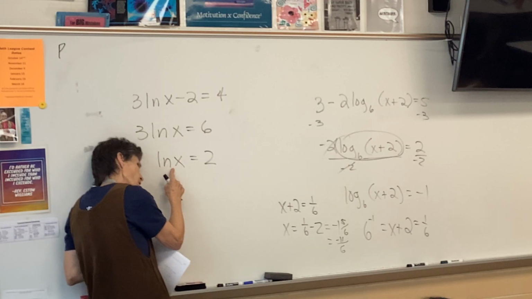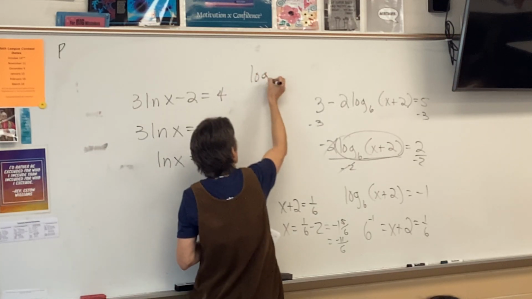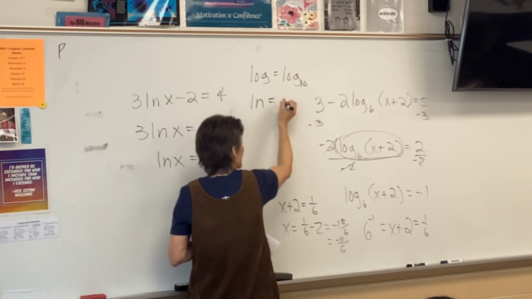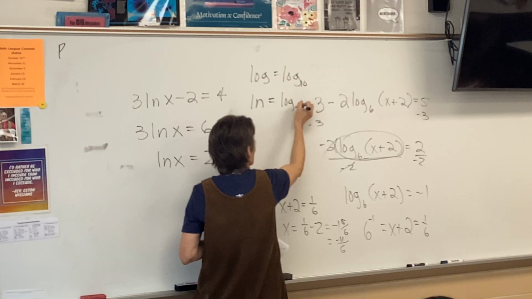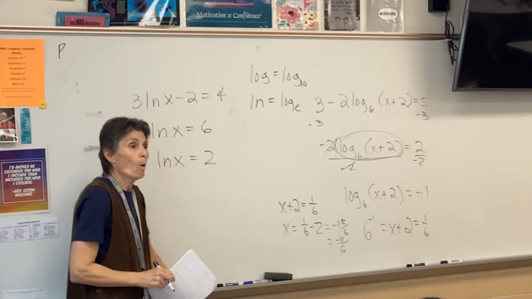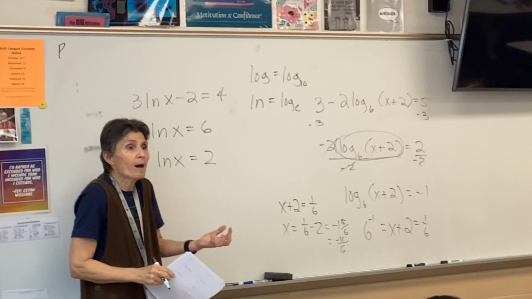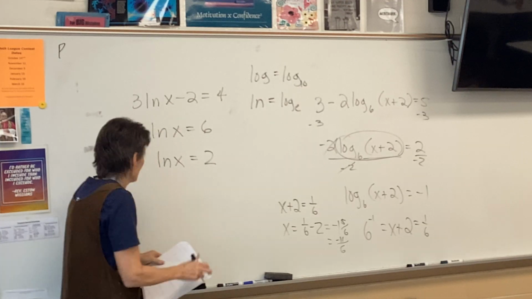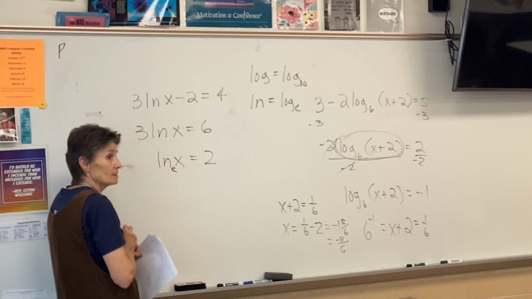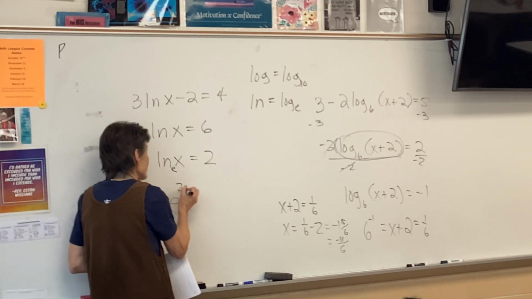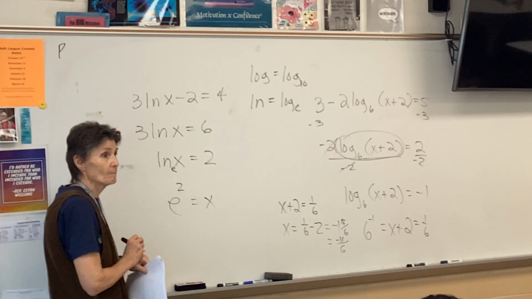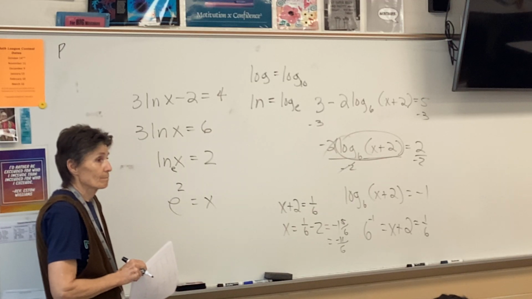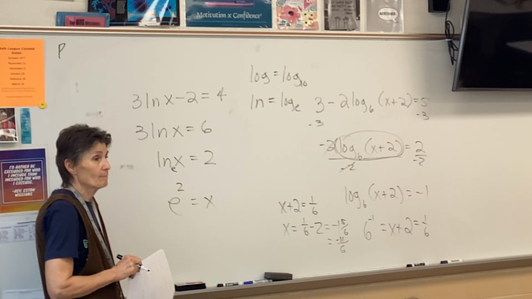No, no, no. That's only log. 10 is the base on log. What's the base on ln? Guys, why do we use ln in e problems? Because the base is e. So there's an e here. So e to the second equals x. And that's my answer. Just leave it e to the second.